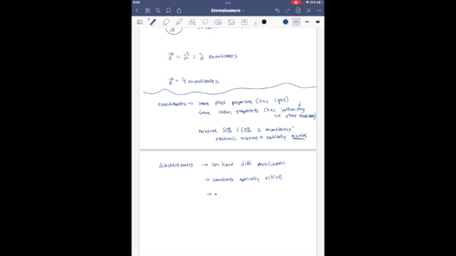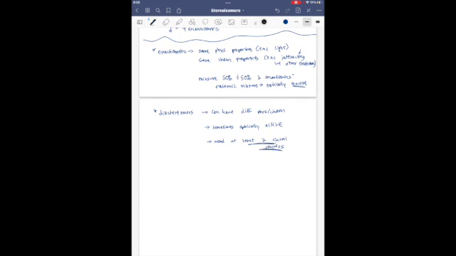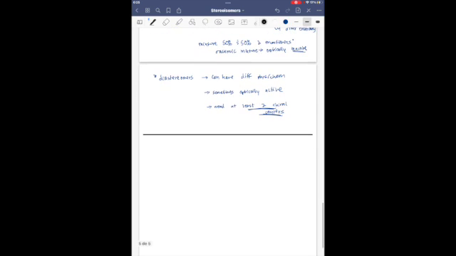The other thing is you need at least 2 chiral centers. So if I have more than 1 chiral center, I need to figure out, do I have a diastereomer or do I have an enantiomer? If there's only 1 chiral center, I need to figure out, do I have the same molecule or do I have an enantiomer? So let me just summarize what I said, and then we'll be done with stereoisomers.